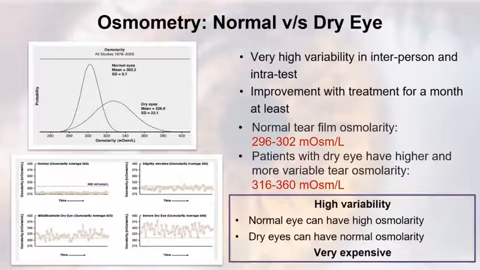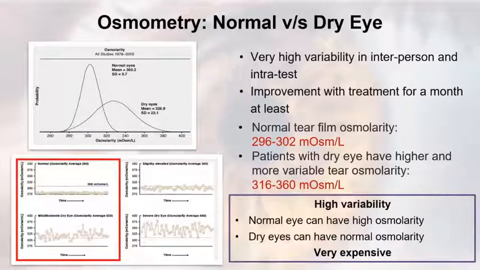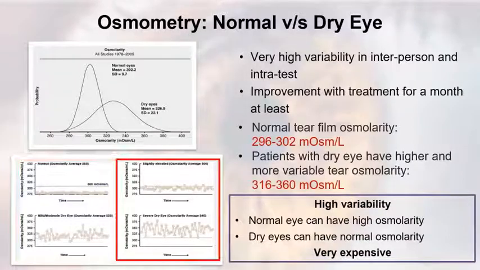On top of that, the machine is pretty expensive. Also, the repeatability is very good when the osmolarity is normal, in the normal patient, but the more severe the dry eye, the more severely the repeatability is affected.